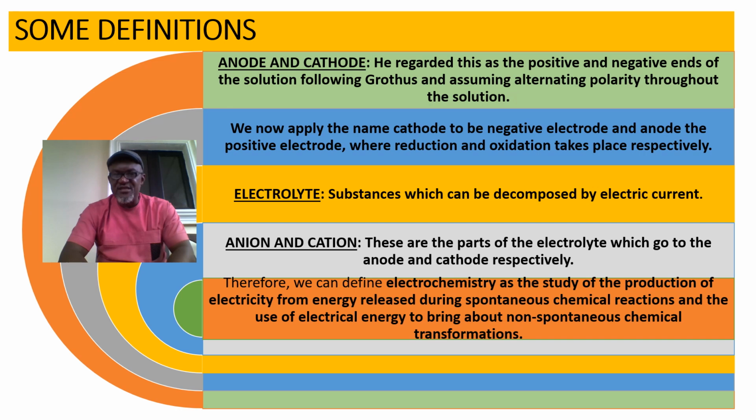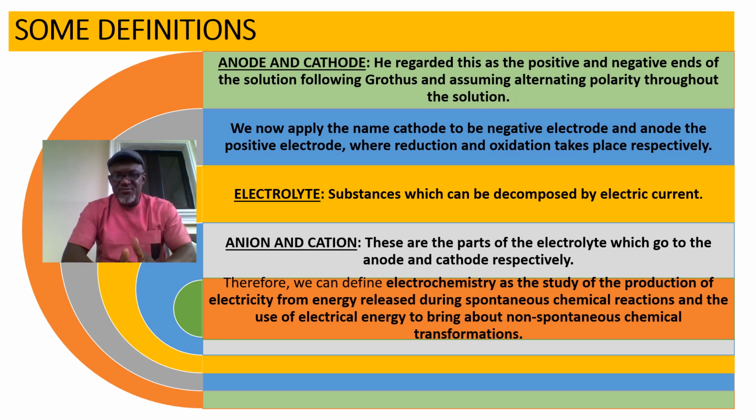Now, he regarded these as the positive and negative ends of the solution following Grotius. Remember, Grotius was envisaging that there should be a positive and negative end. He wasn't sure. Now, Faraday regarded that as that which, following what Grotius said, alternates throughout the solution.